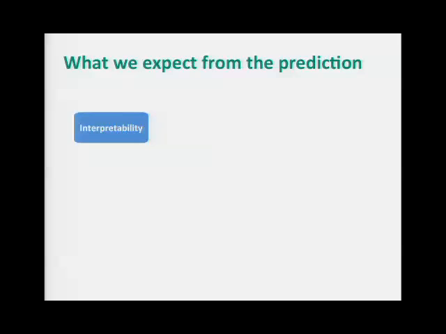This is sometimes difficult in seizure prediction, because we want to know something about our biological system. It's not necessarily the case with very sophisticated prediction methods. So we have to take into account that at the end we want to interpret the results of our prediction method.